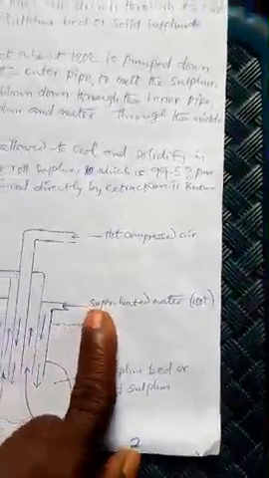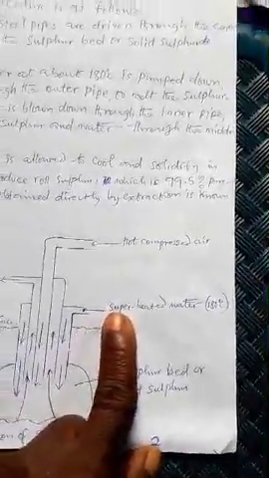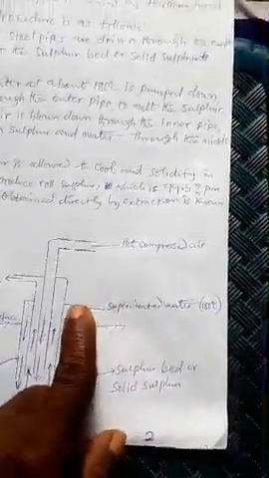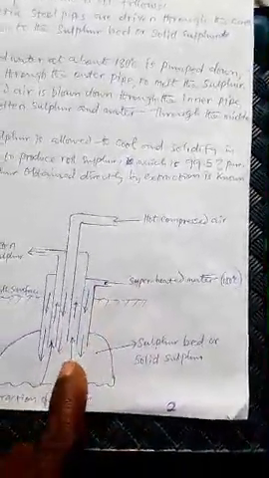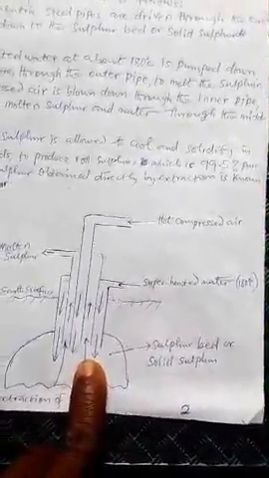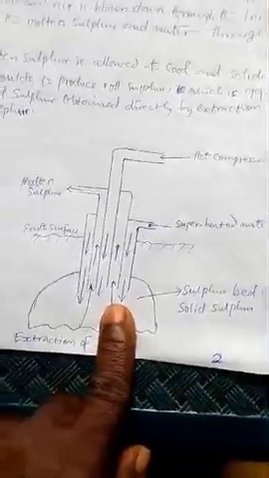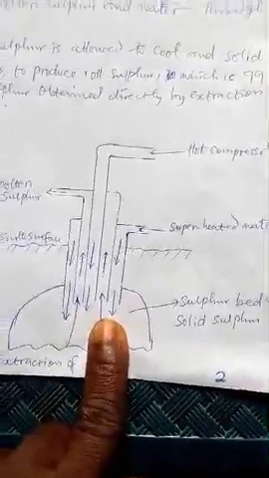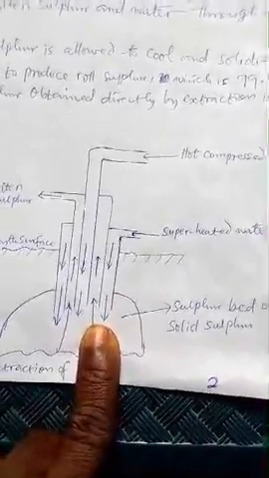Here is the superheated water at 180 degrees Celsius. When you pour your superheated water down here to meet the solid sulfur, it will melt the sulfur into a molten state.